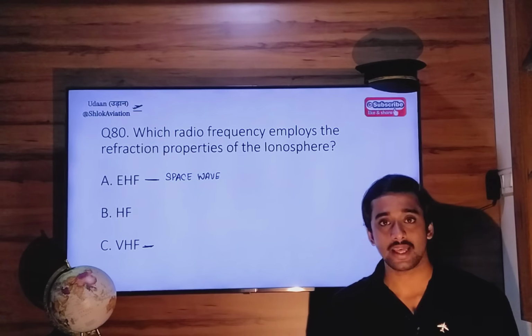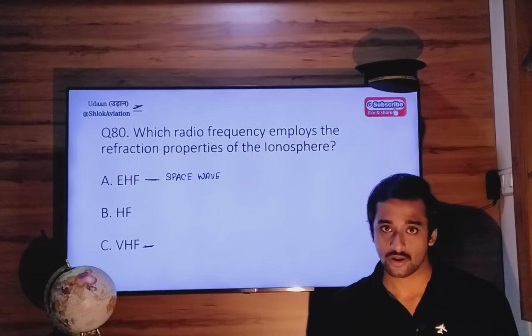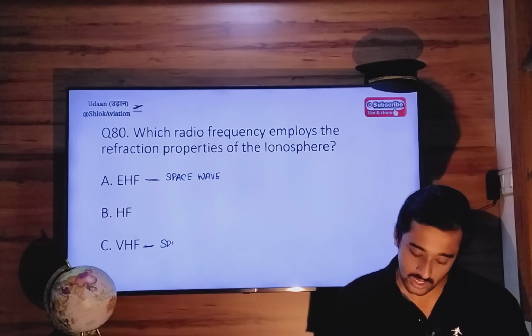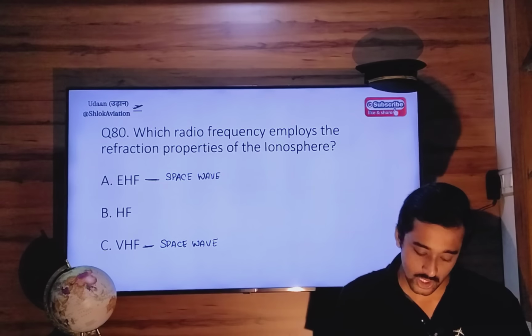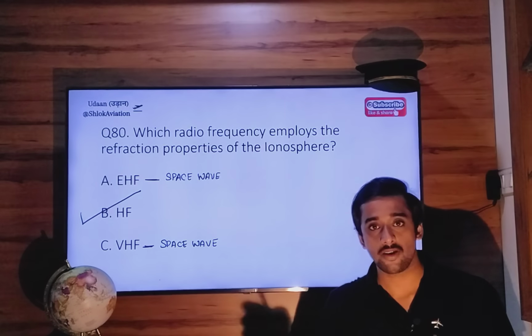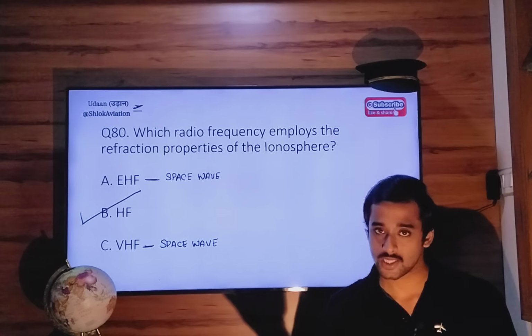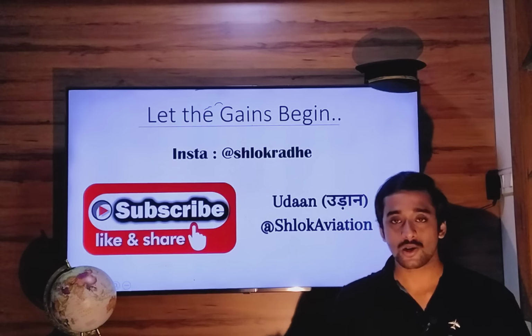Then and only then will they intercept these radio signals, which go directly to space. So the only option remaining is high frequency, option Bravo. This high frequency wave will go up to the ionosphere, strike it and come back to the Earth's surface. Okay, simple.